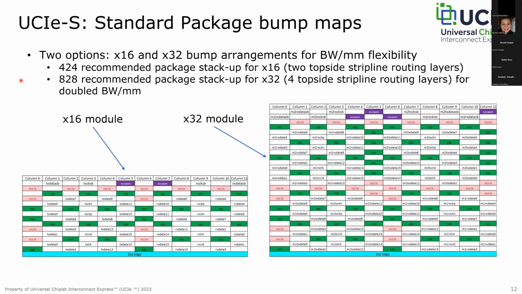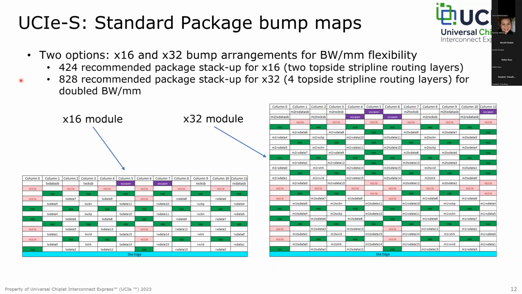And really the key here is when you will use the x16, if you happen to have a package that has fewer layers in it, and perhaps you don't have as much bandwidth density requirement. When you move to the x32 module, it means you have the package available that is capable of supporting it. And also you want to double up on your bandwidth per millimeter escape. So you have twice the number of signals, it's 32 instead of 16, you can double your bandwidth.